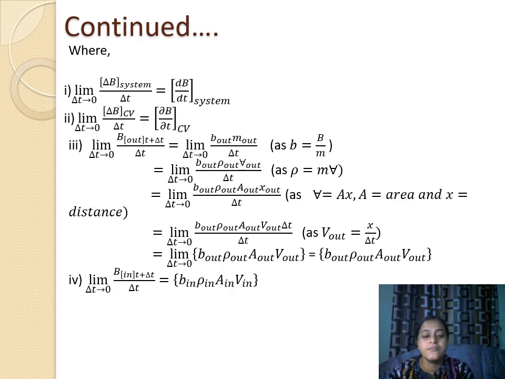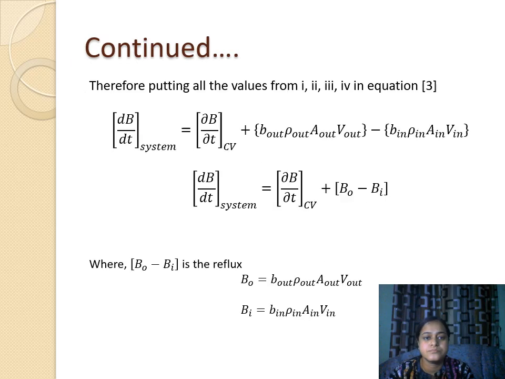Next, put the values into equation 3: dB by dt of the system equals dB by dt at the control volume plus b out, rho out, A out into V out minus b in, rho in, A in into V in.